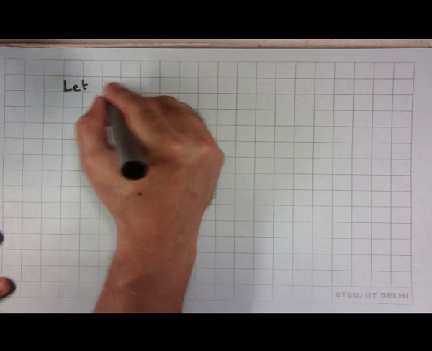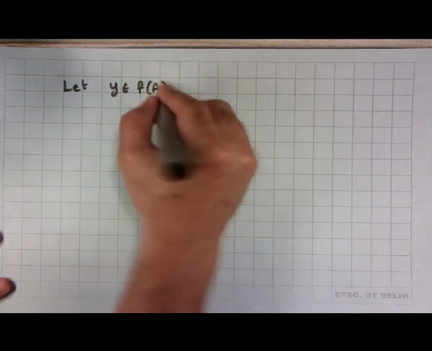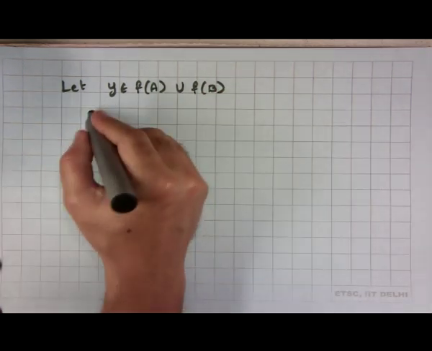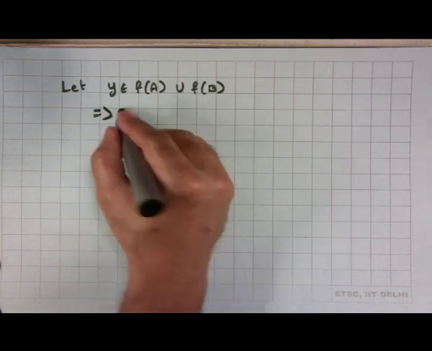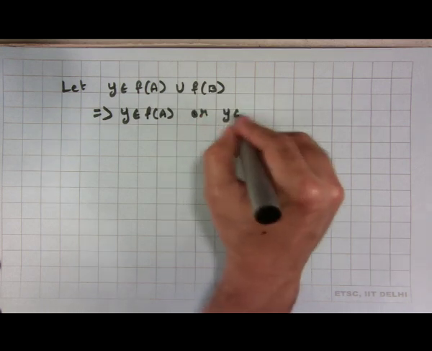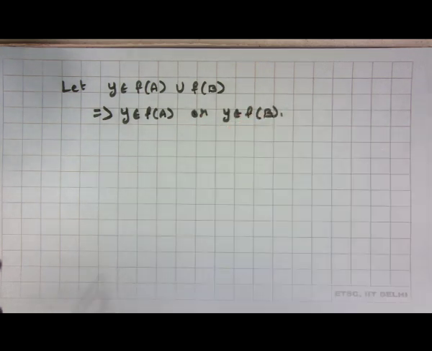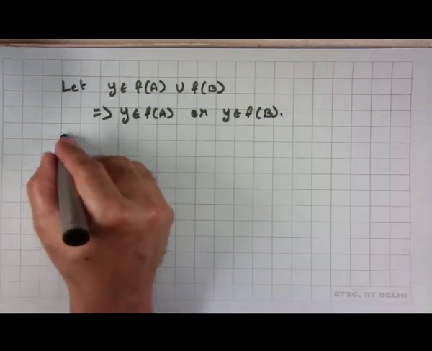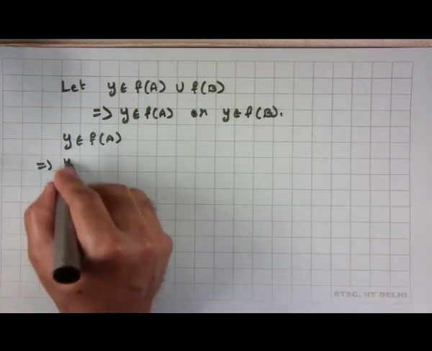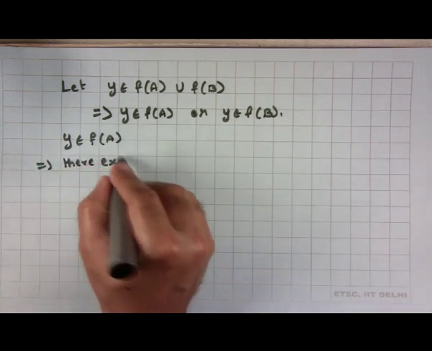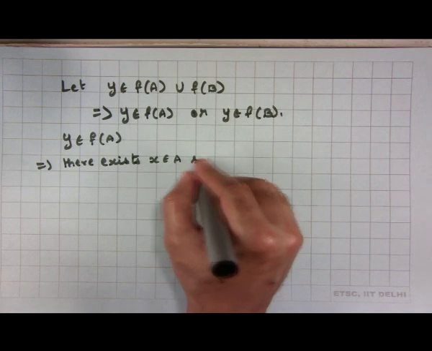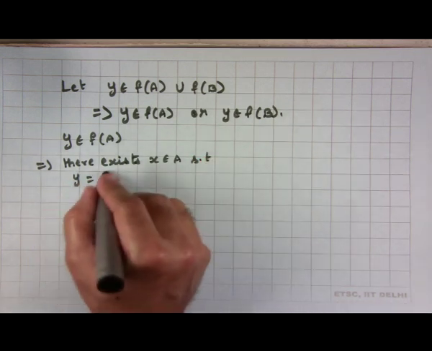Let y belong to f A union f B. This implies that y belongs to f A or y belongs to f B. So, now let us look at the case y belongs to f A, that implies there exists some x in A such that y is of the form f x.